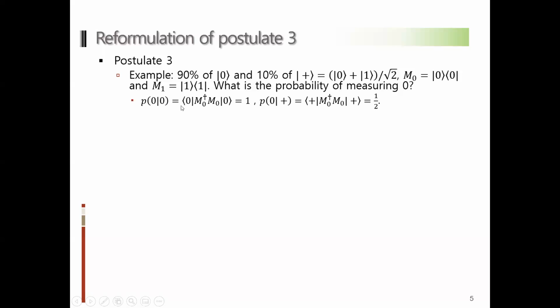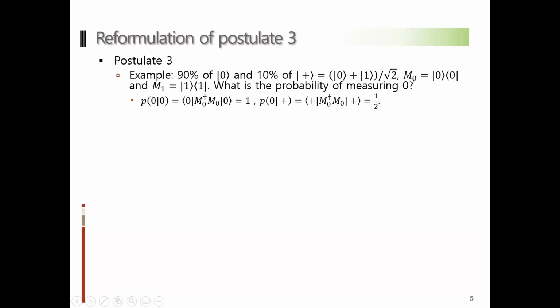From our previous discussion about the measurement theory, we will have these measurement operators, and to calculate the probability to measure the 0 value, we multiply the given initial state 0 and 0, and sandwich them.